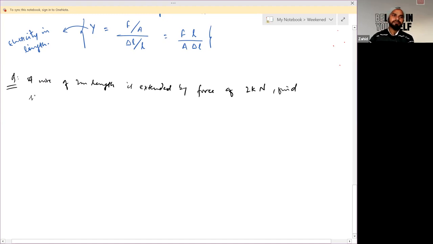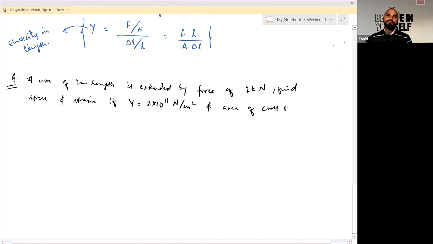Find stress and strain if Young's modulus is 2 into 10 raised power 11 Newton per meter square, and area of cross section is 4 mm square.